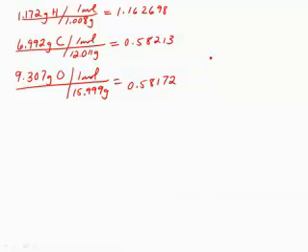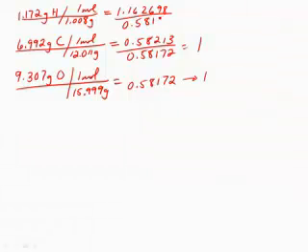Okay, so here's our smallest. It's going to be 1. That's going to be about 1, and then this one is going to be approximately 2. So my empirical formula then is going to be H2O.